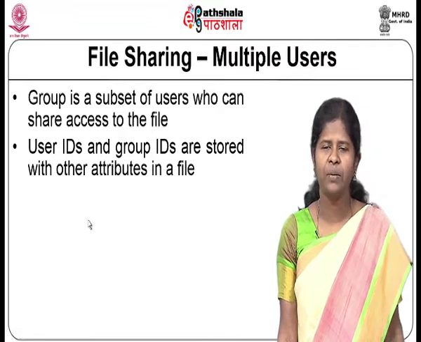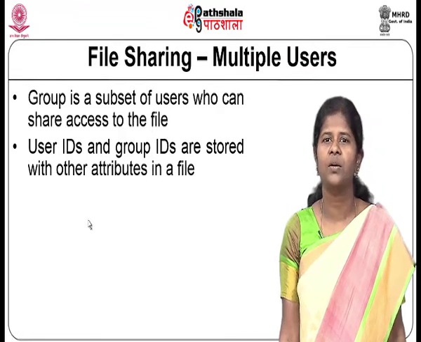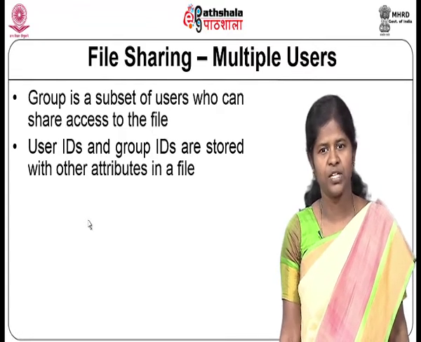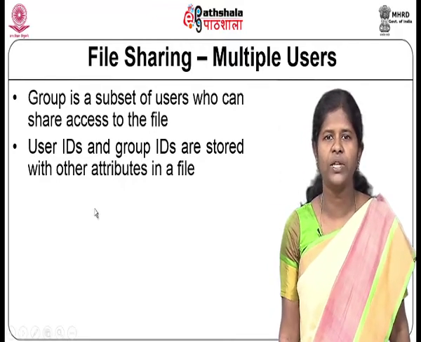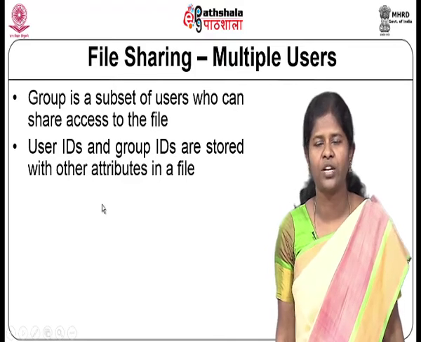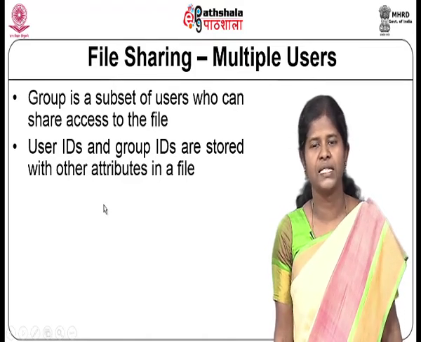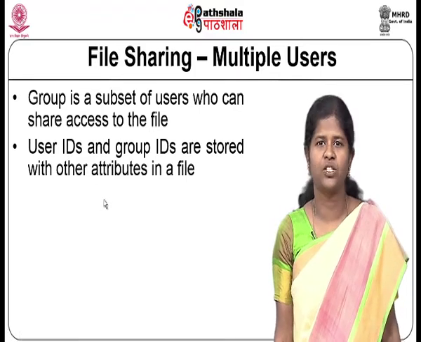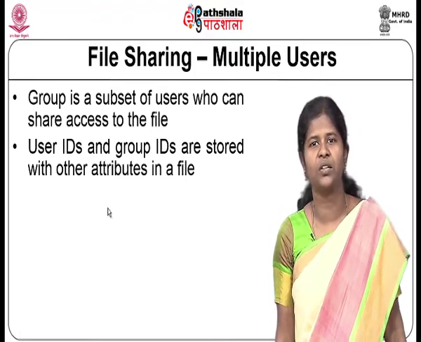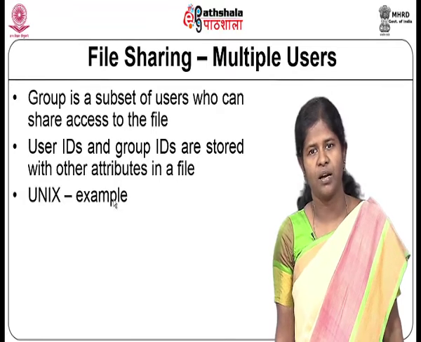And there will be IDs assigned to the owner and IDs assigned to groups, and these IDs will be stored along with the other attributes of a file. A file has attributes like size, name, and so on. Along with these attributes in the file control block, the user IDs and the group IDs can also be stored.